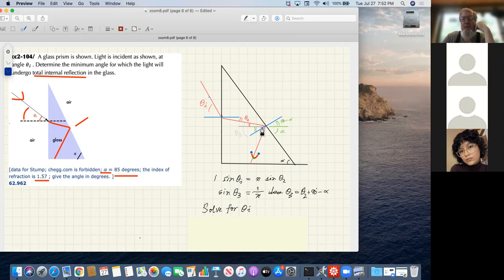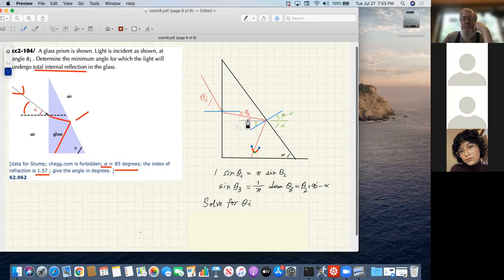So here's the normal to the back surface. Let's compare that to the horizontal direction. So what's this angle right here? Because that will be the angle of incidence where the light ray hits the back surface.